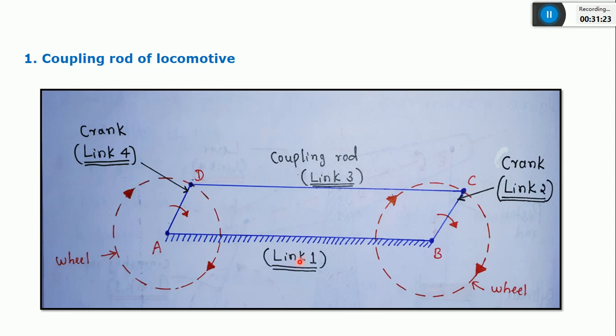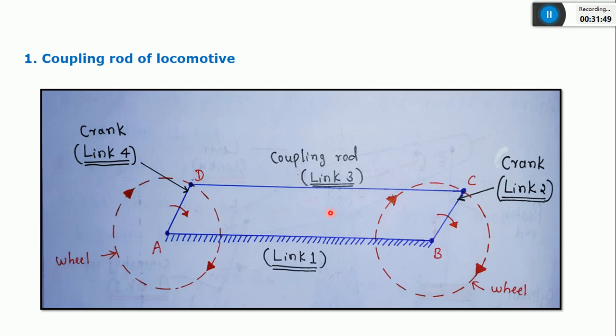Link 1 is the frame, link BC is a crank, link CD is the coupling rod, link DA is also a crank. Since it has two cranks, it is also called a double crank mechanism. Remember, the coupling rod of locomotives is also called a double crank mechanism.